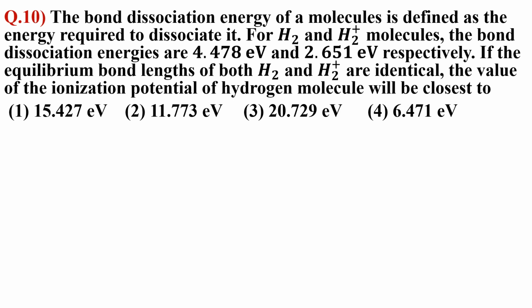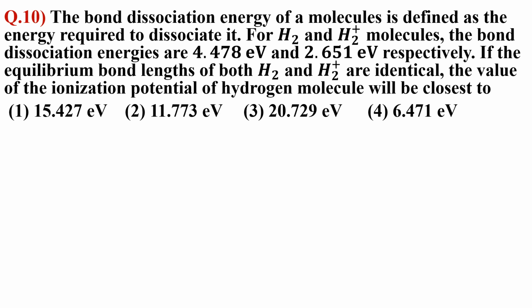Question 10. The bond dissociation energy of a molecule is defined as the energy required to dissociate it. For the hydrogen molecule H2 and the H2+ molecule, the bond dissociation energies are 4.478 electron volt and 2.651 electron volt respectively.